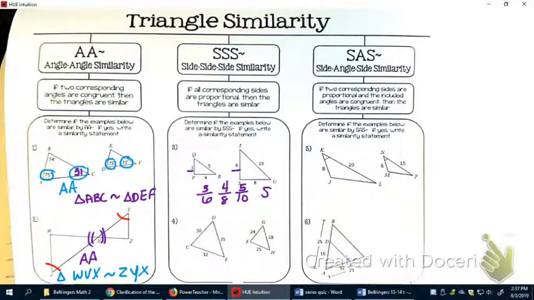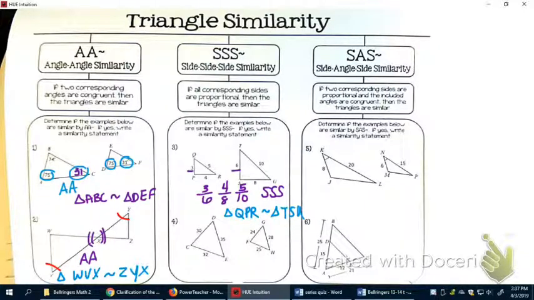Yes. So then it's side, side, side because all the sides are proportional. Okay? And then so let's write it. Triangle QPR is similar to triangle... What would be the statement there? TSU.